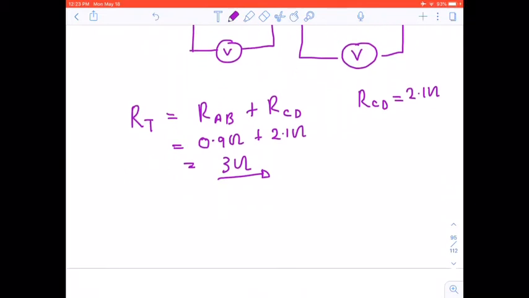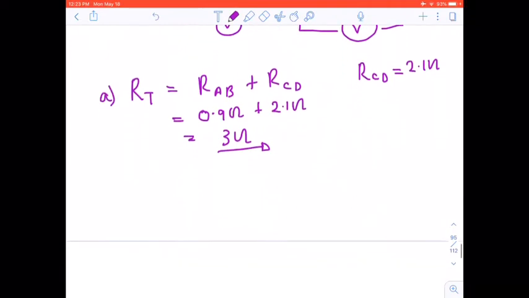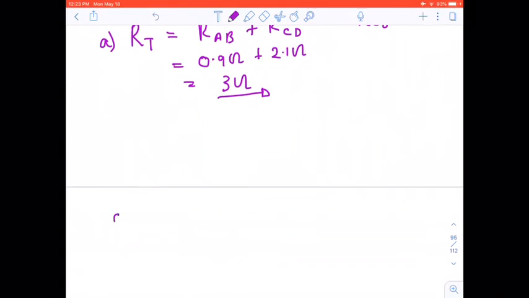Now, we want to know what is the current in the circuit.